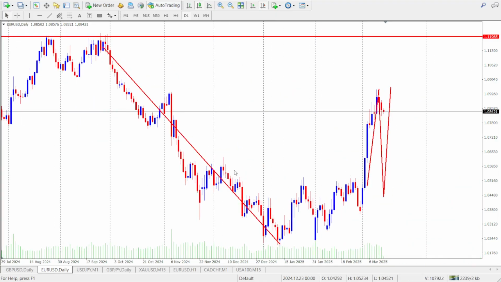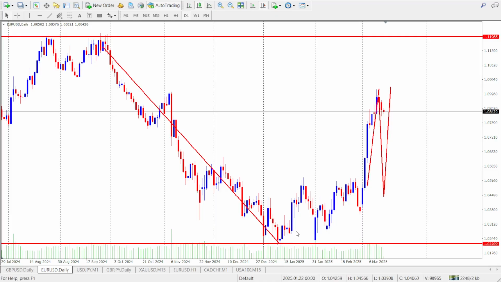On the other hand, a double bottom is the opposite. It signals a bullish reversal when price finds strong support at the same level twice. Once that prevails, we usually have a reversal to the upside. These patterns often lead to sharp reversals once price breaks key levels.